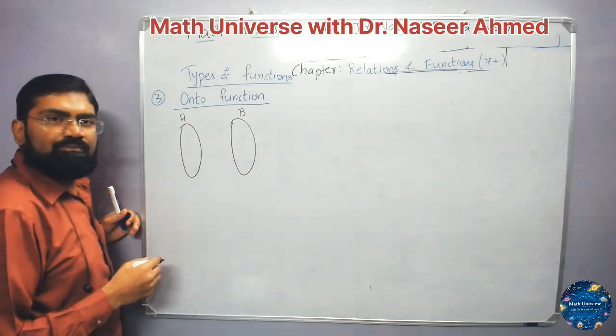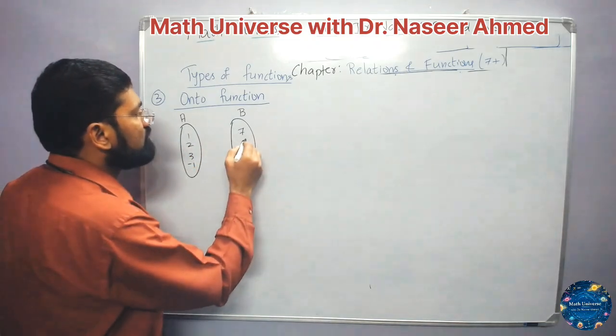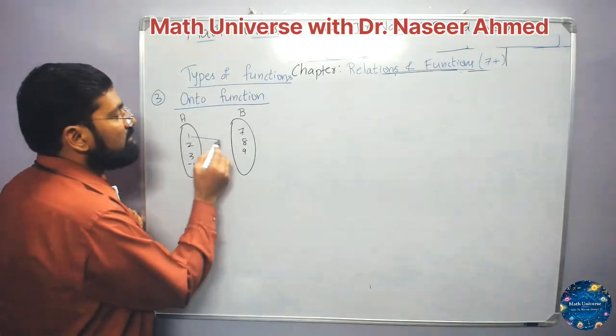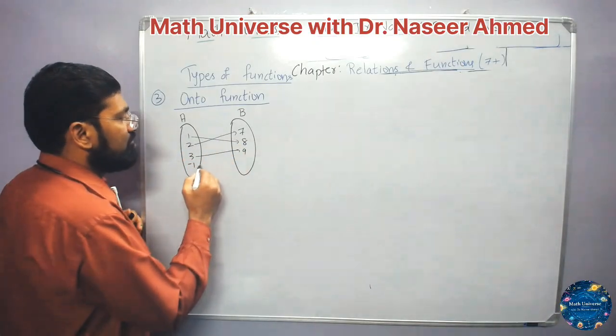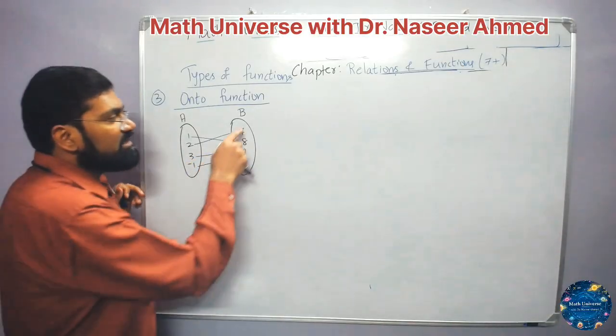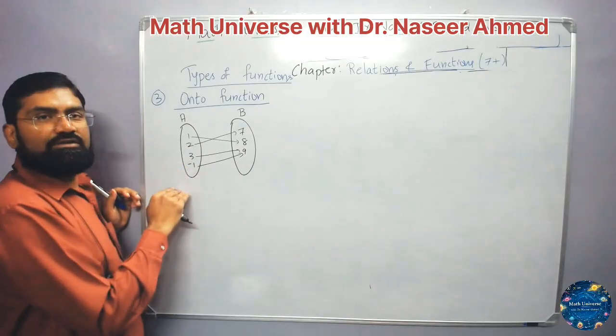And then see B. See carefully this example. Now, let us map. Now, as I said, you have to just check whether every element of codomain has a pre-image.